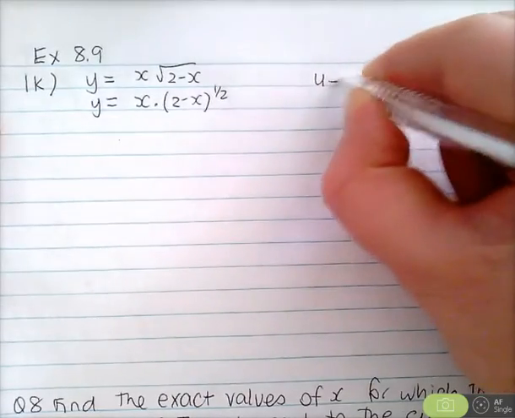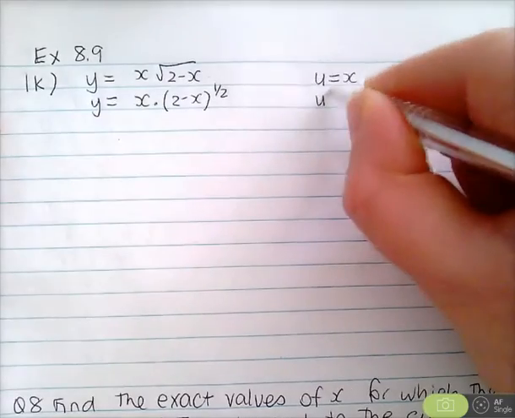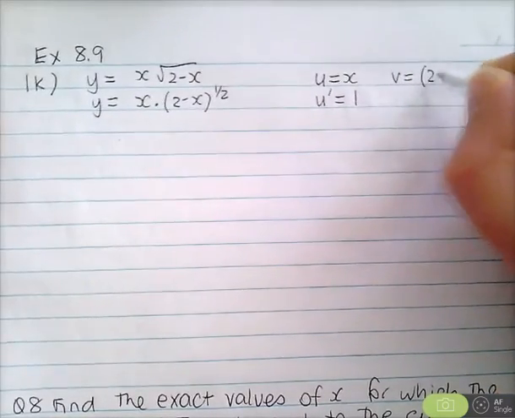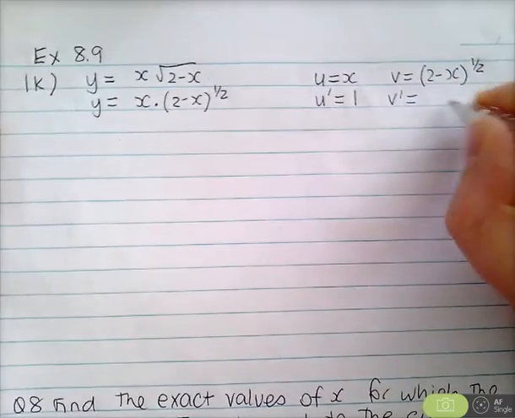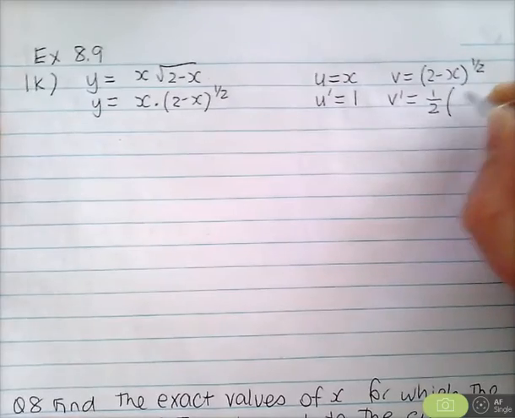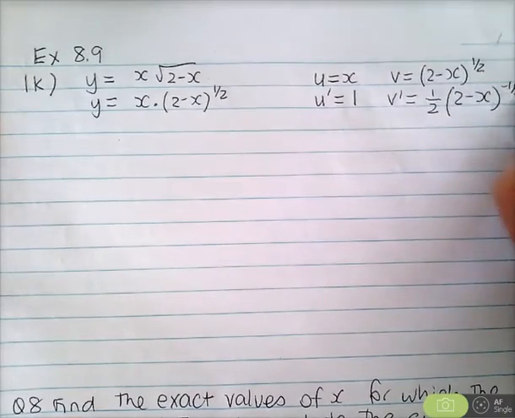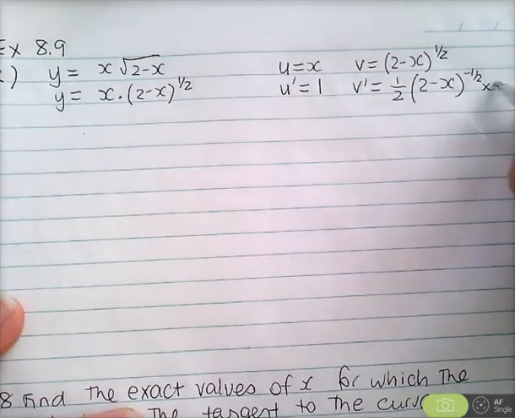So over here I'm going to write that u is the first function, which is x, u dash is 1. V is 2 minus x to the half. V dash is, bring the half to the front, 2 minus x to the negative a half times, don't forget to differentiate what's inside.